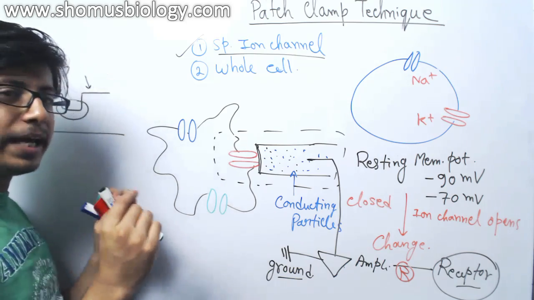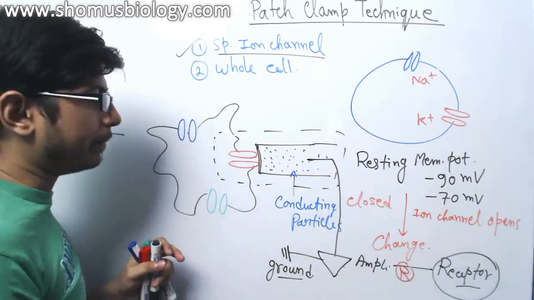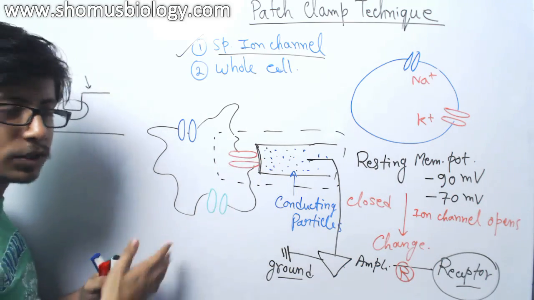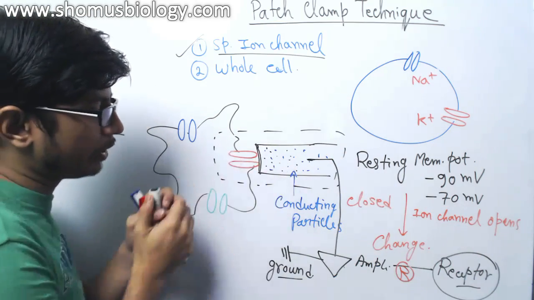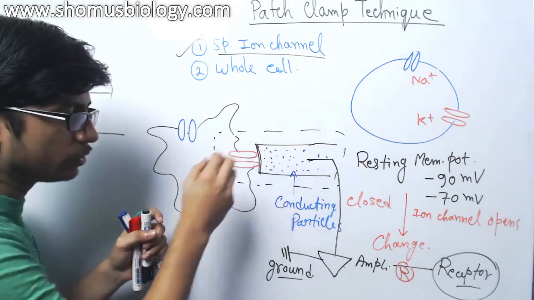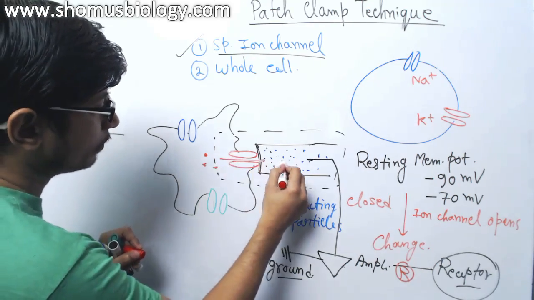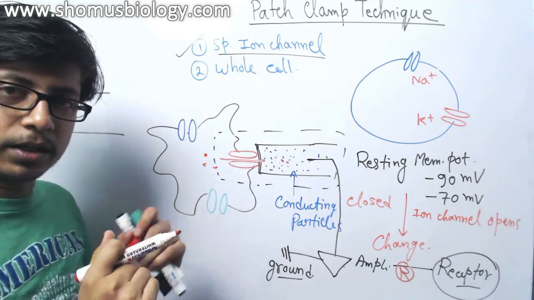Now if by any means, with time we will see this experiment, this channel opens and sodium starts flowing out of the cell into the pipette. Let's say these red dots are sodium, flowing out for a while, and then this channel closes down.